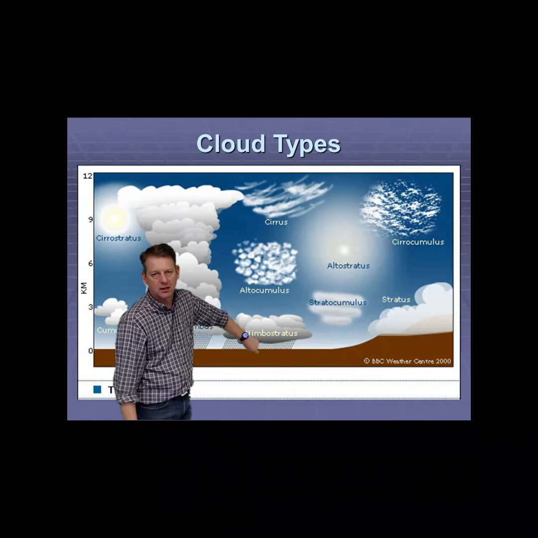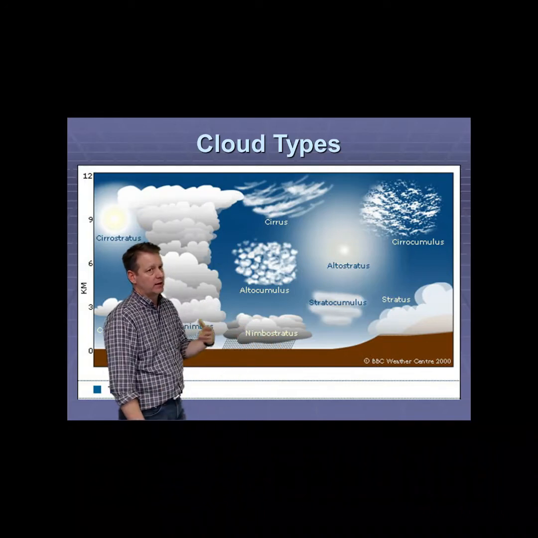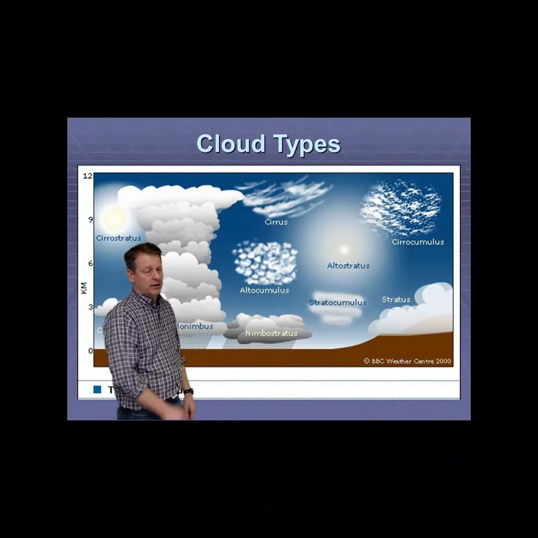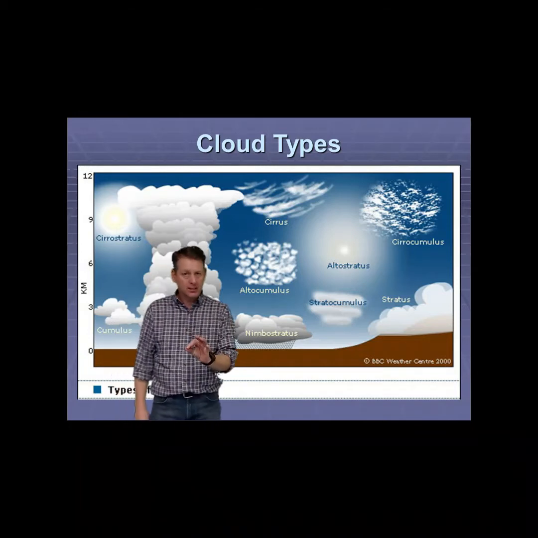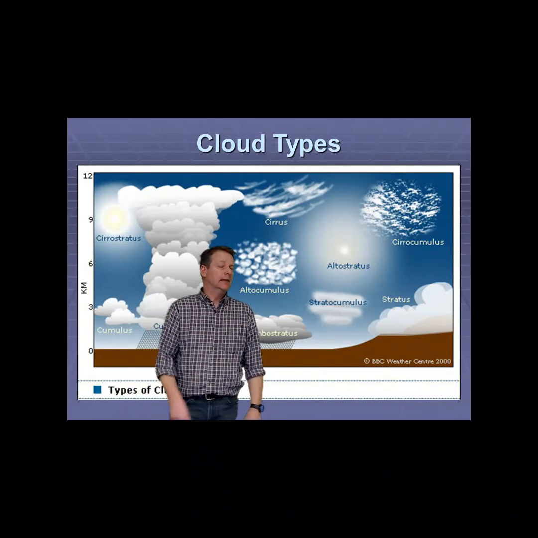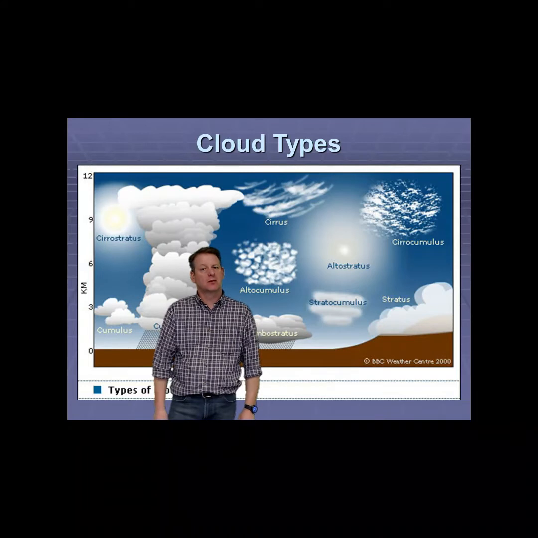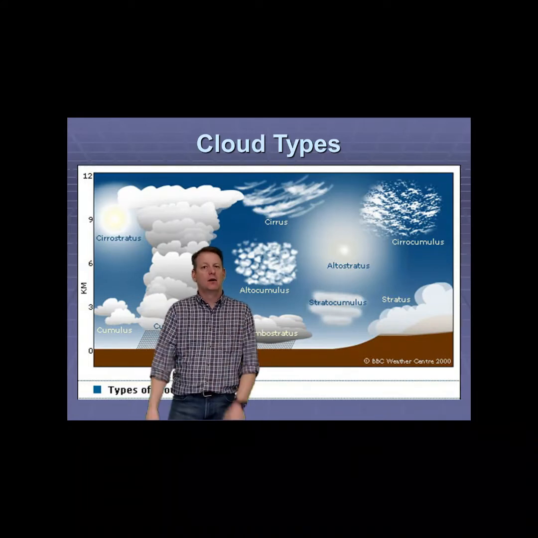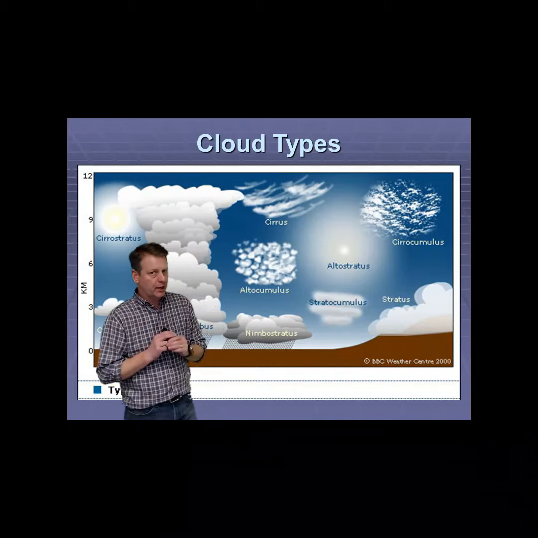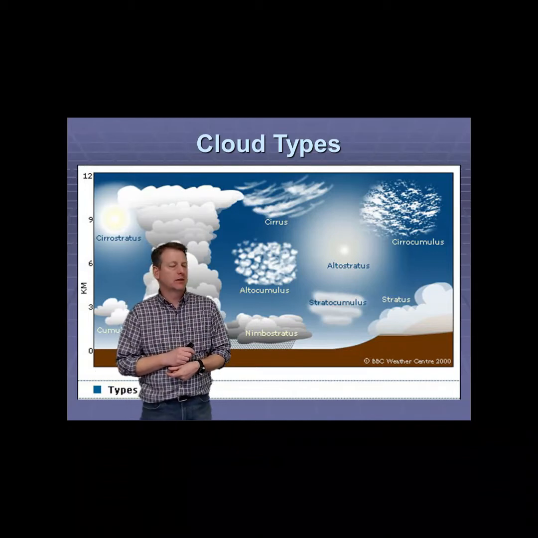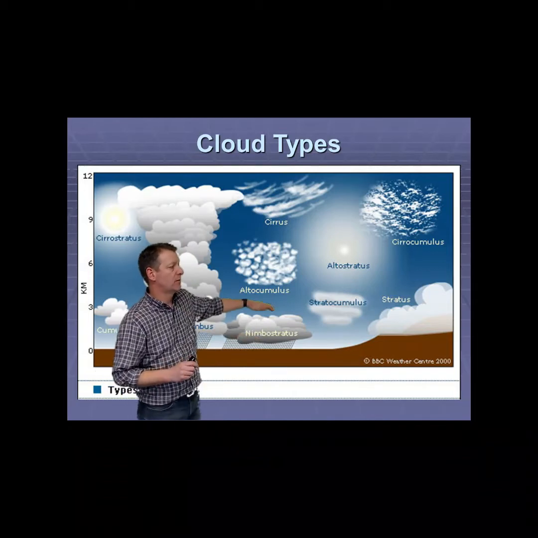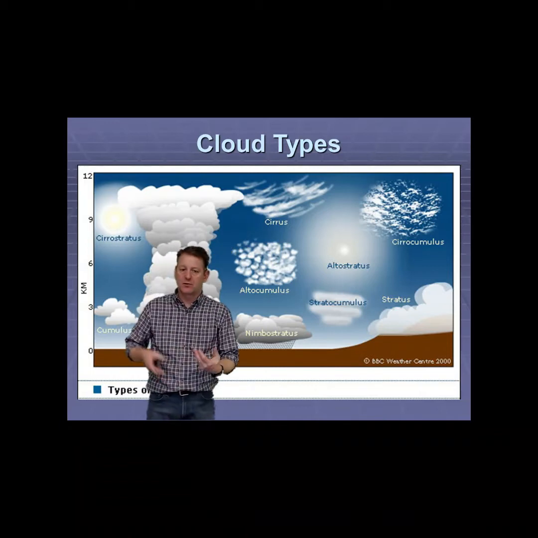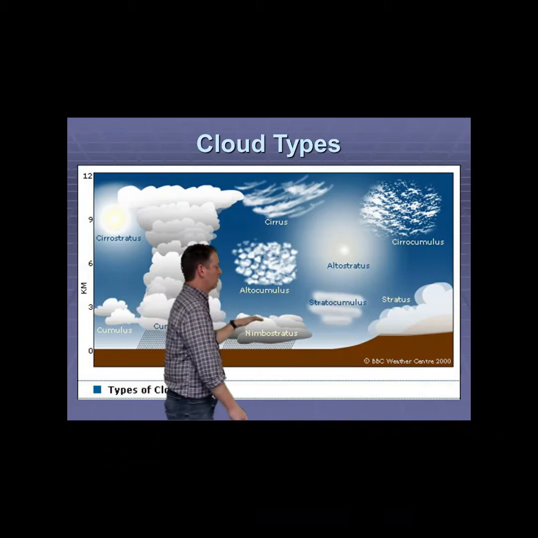I don't know if we'll ever see hail in the wintertime, unless we have a really warm winter. Then we might be able to see some of this stuff. So remember, if we want to see hailstones, we've got to have warm air. If we have cold air, you're not going to see those hailstones, because the cloud just doesn't develop enough height to be able to develop those stones. So this is more of our winter type clouds.